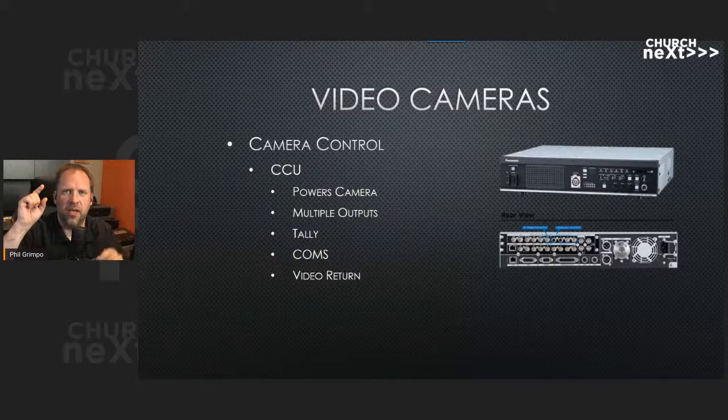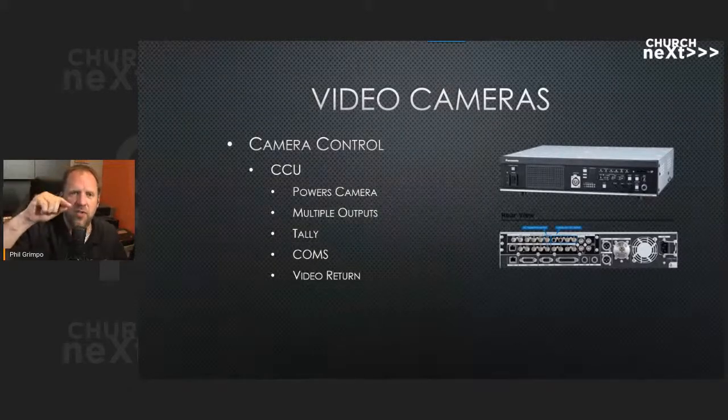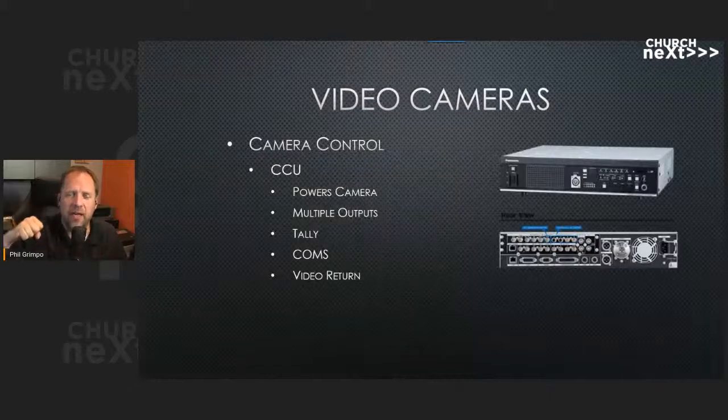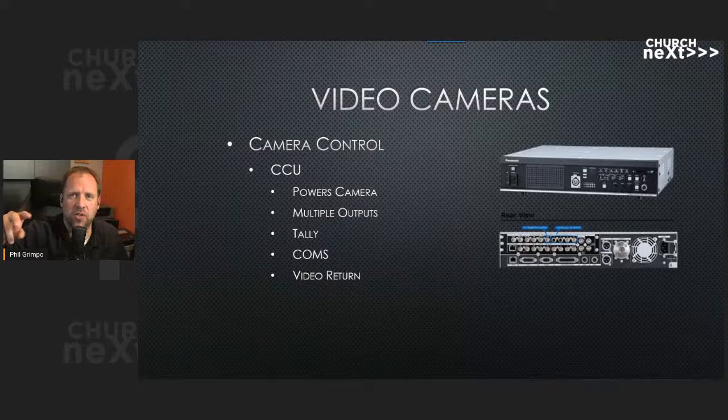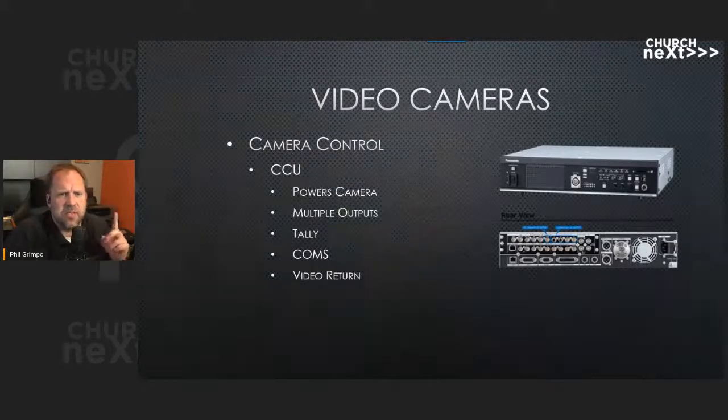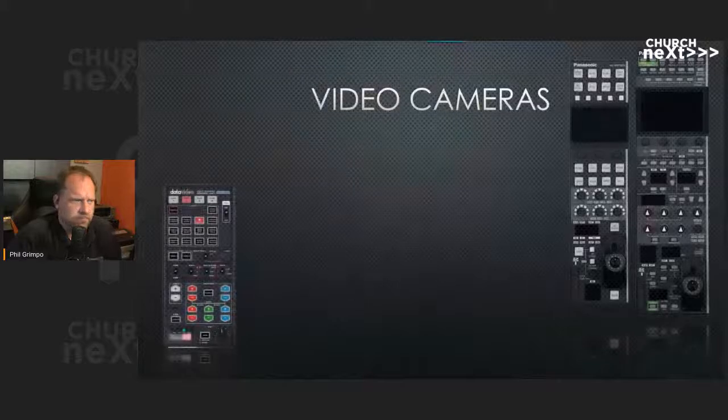And I put in an SDI connection for the camera back to the studio, but then also two coming from the studio back so that I could run a monitor there if I want. I could set up a return for the camera operator to see. Maybe a teleprompter is another thing that I'm sending back through that cable. But the video return is something you may just want to consider. That'll help your camera operators in the future.